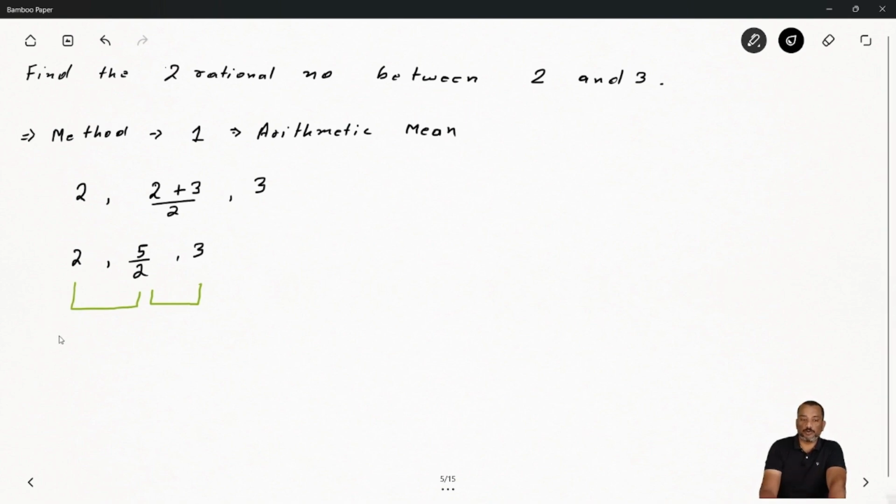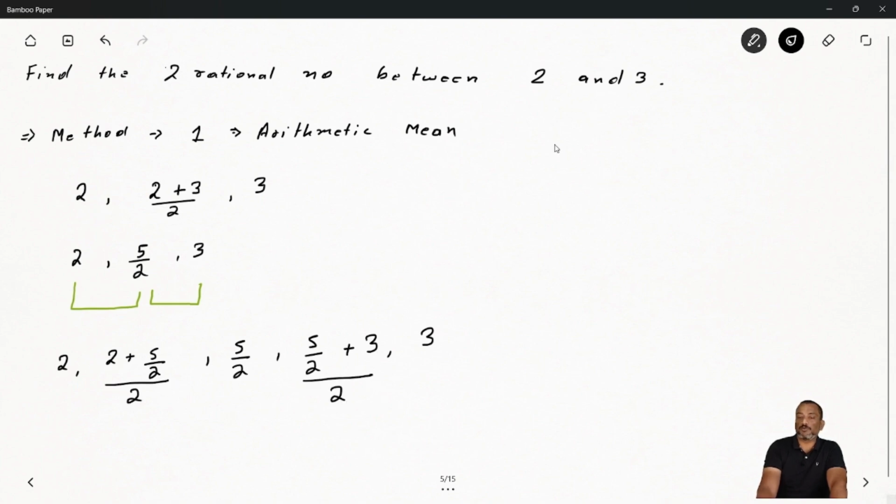So the same way, the arithmetic mean of 2 and 5 over 2, and the arithmetic mean of 5 over 2 and 3. So how can we go with this arithmetic mean? Let's see one by one.